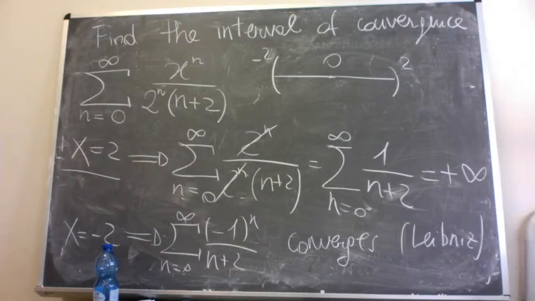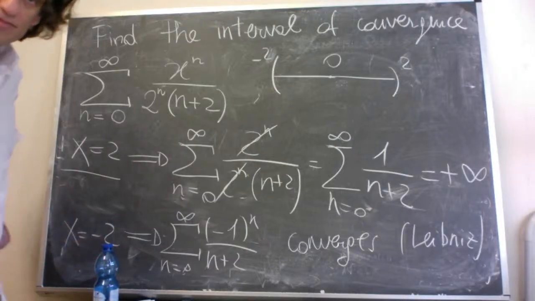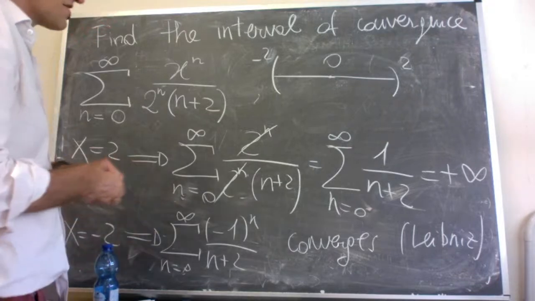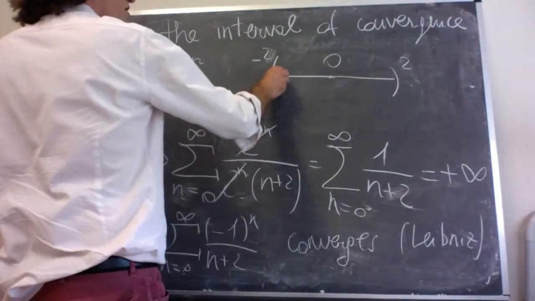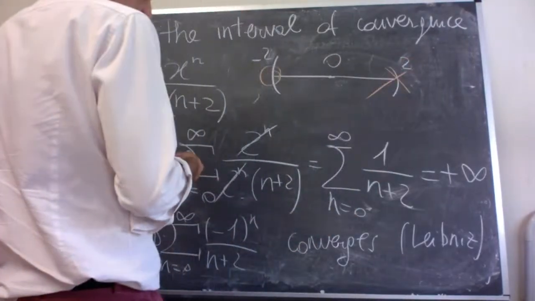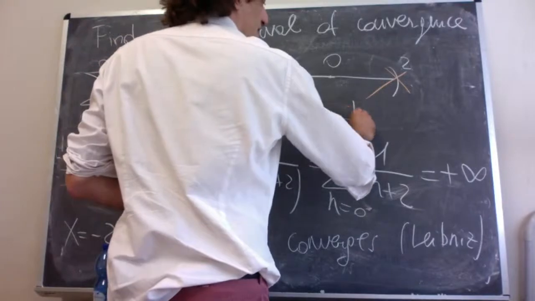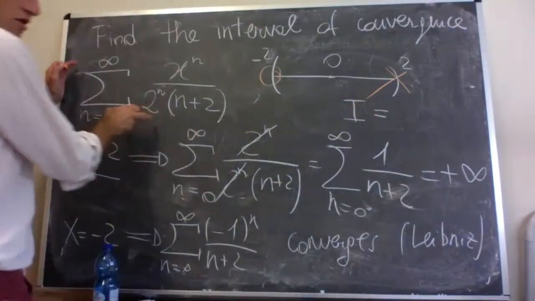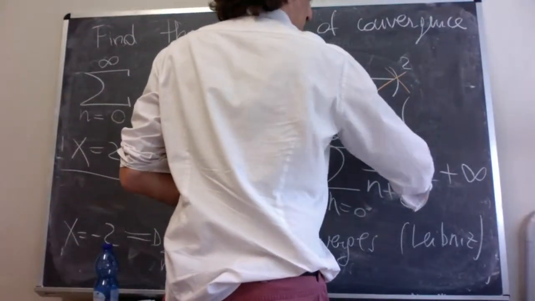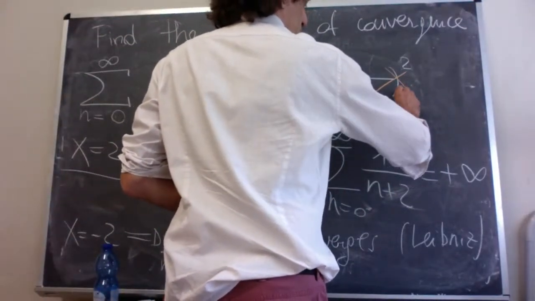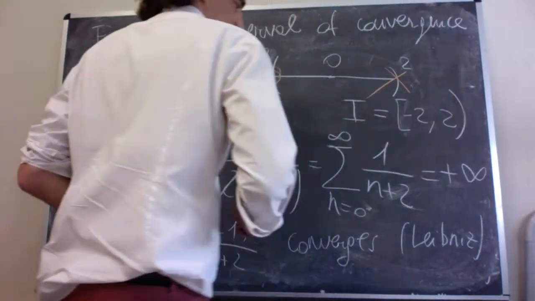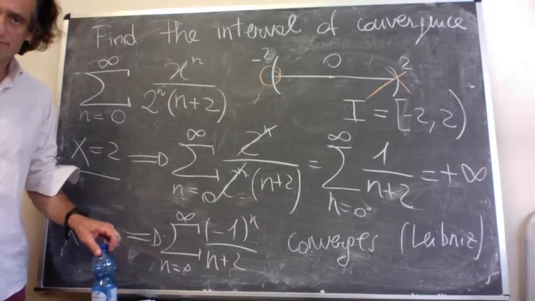As a final result, we have that here convergence and here divergence, and so the interval I of convergence of this series is, sorry, it's closed here: [-2, 2). Very simple.